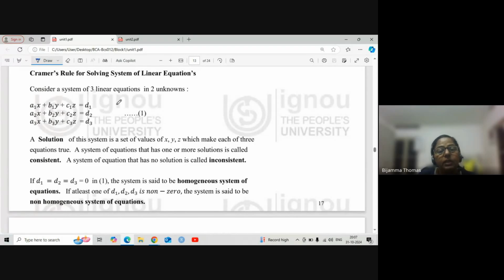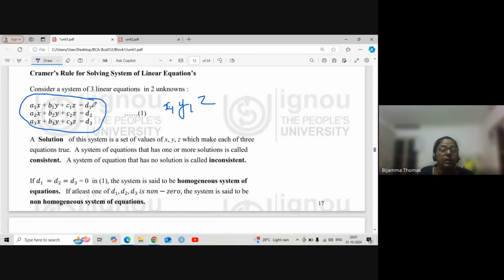We are solving the system of equations, which means we have to identify the solution. What do you mean by the solution of a system? We have to identify the values of the variables x, y and z that satisfy these three equations. That is what we mean by the solution.